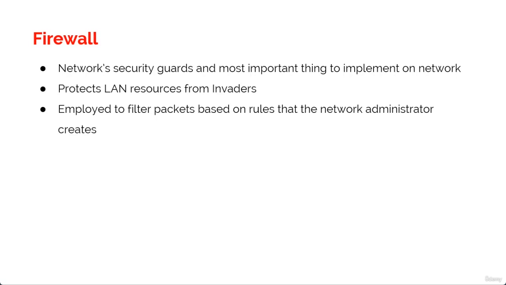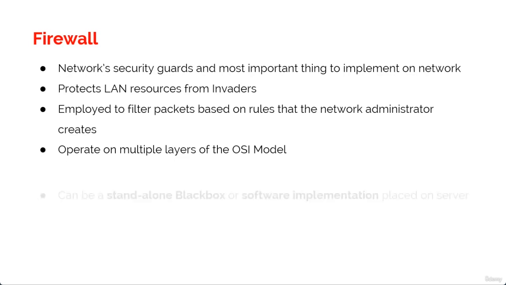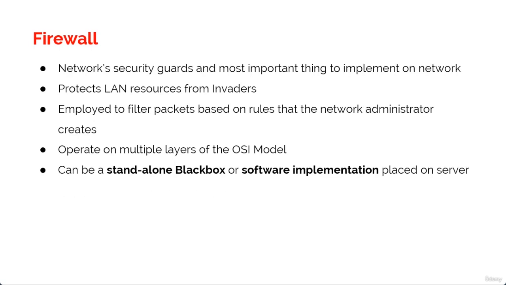Now you can use firewalls to filter packets based on the rules that you or your network administrator create and configure, to eliminate the kind of packets which are not intended for your PC. For example, let's say you configure your firewall to discard all the packets having the protocol HTTP, Hypertext Transfer Protocol, which is not a secure protocol. Okay, wait, do not get confused between HTTP and HTTPS.